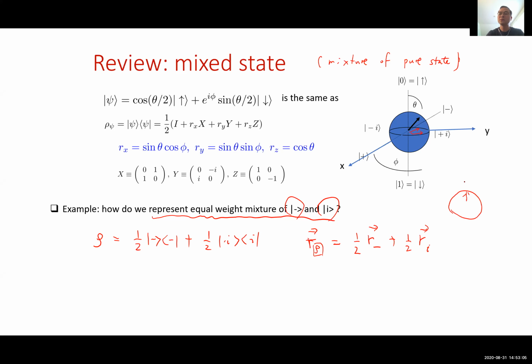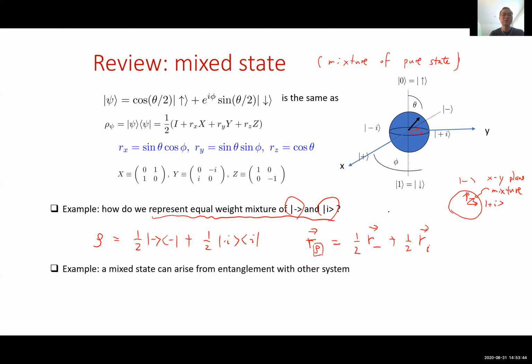This is minus, so I'm on the XY plane. This is the plus I. You basically just weight these two vectors and then add them. So in this case, it will be somewhere here. So this is mixture. And if you want, you can write down these vectors, because you know the angle theta and phi.